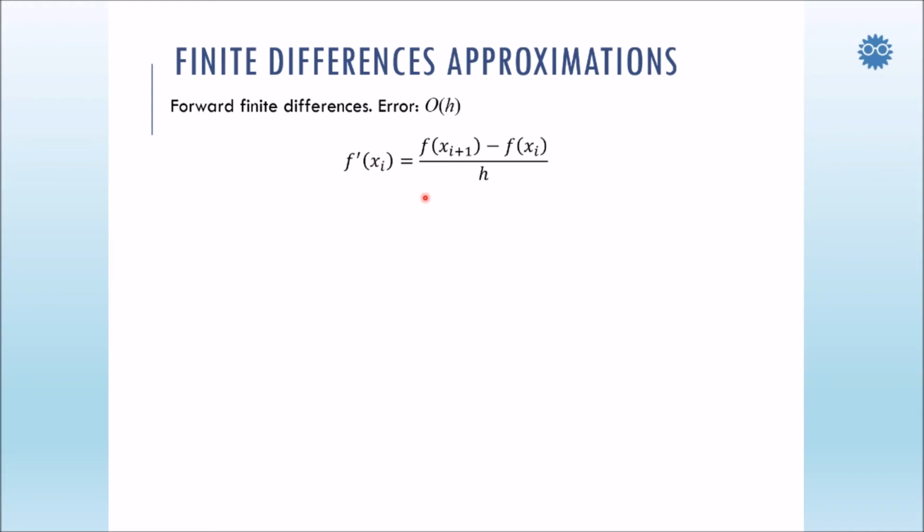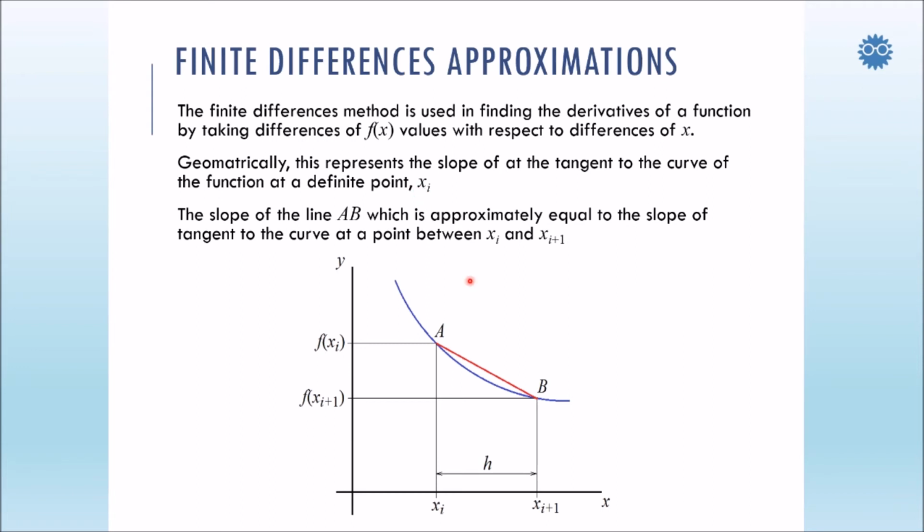So again, for example, if I turn to the figure here, this is f of xi at the point A. We want the slope, or the derivative, at point A, so we looked forward here at f of xi plus 1.